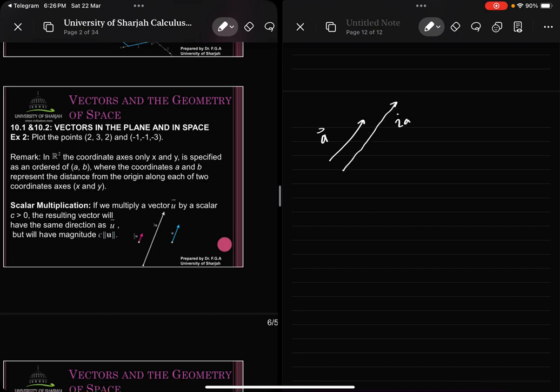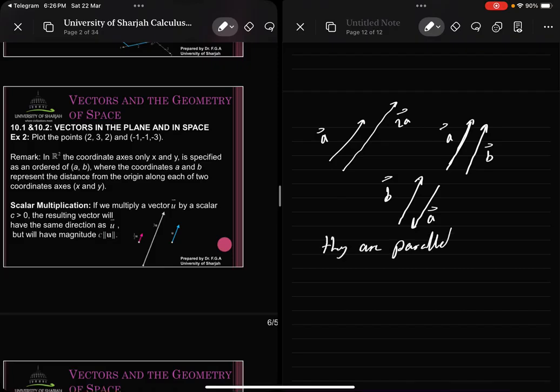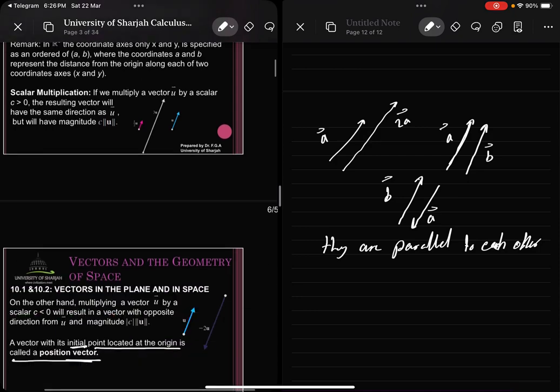If vector A and vector B are in the same direction or in opposite directions, that means they are parallel to each other.